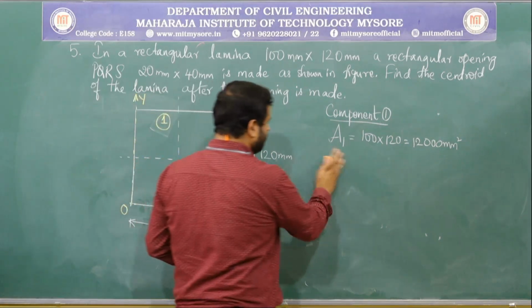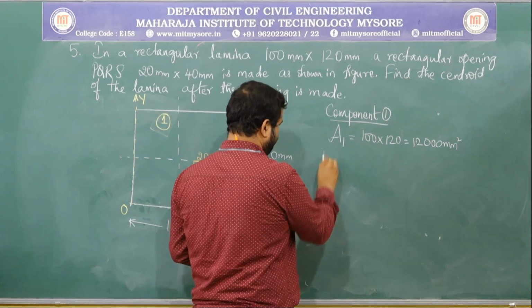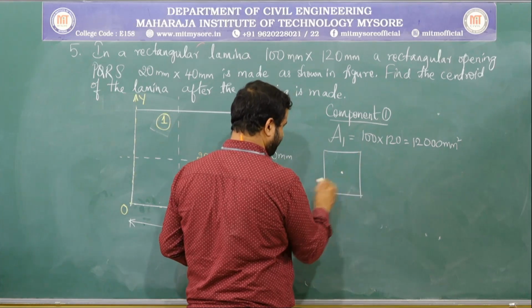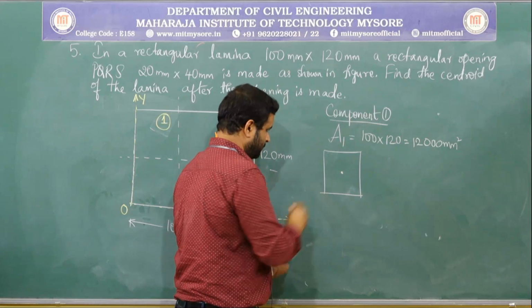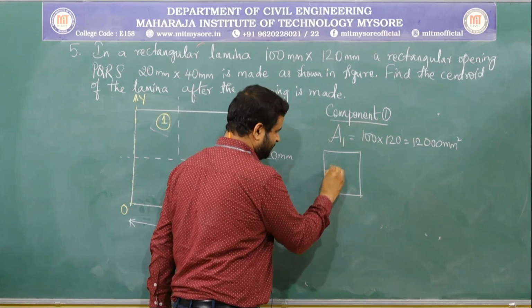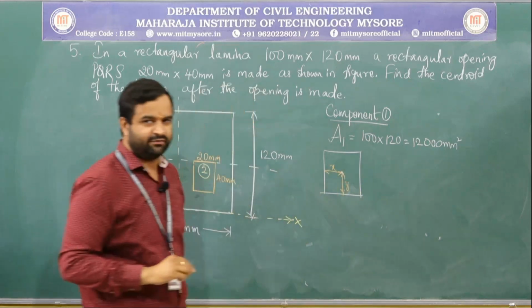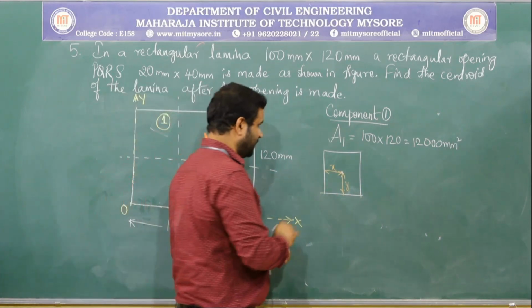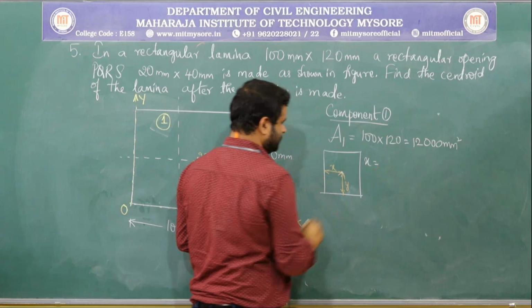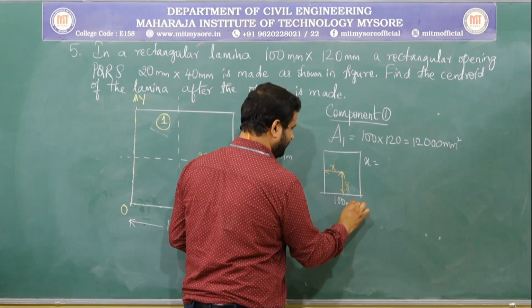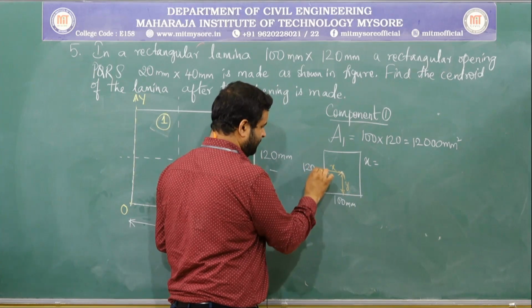And what about the x component of this? The x component and y component are nothing but the centroid of the individual components. So let me write x is equal to, so this is 100 mm and this is 120 mm.